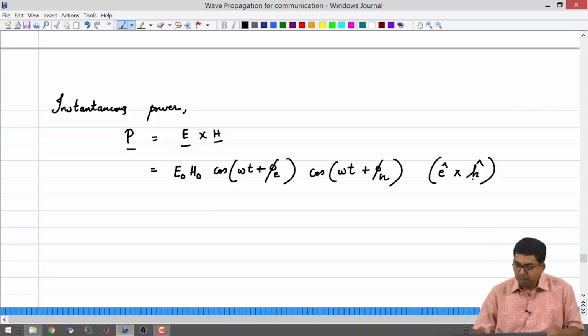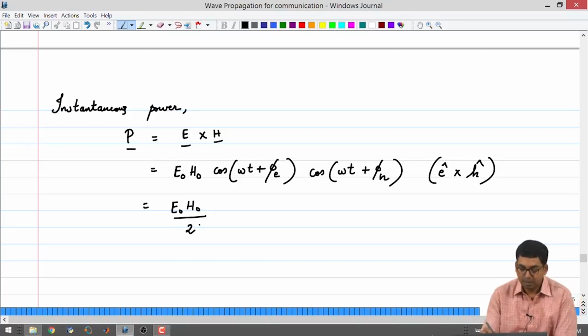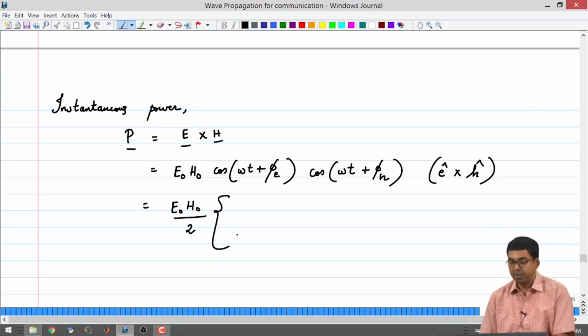Okay. Now that we have written an expression which is a product of two cosines, you can always use some trigonometric identity and convert this to a sum of cosines. So, we could write this down as E naught H naught divided by 2 multiplied by, you can take the difference between the two.